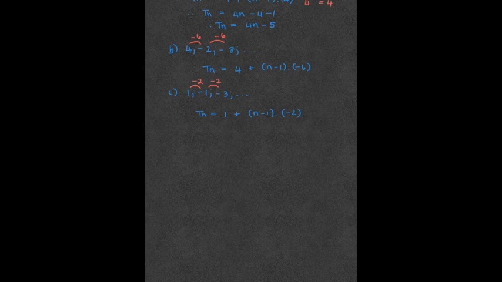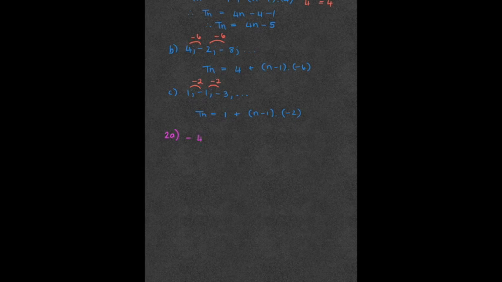So 2a. Let's see what they're asking us to do. Determine the 38th term for each of the following arithmetic sequences. They want us to work out, in the 38th position, what is the value of that term.